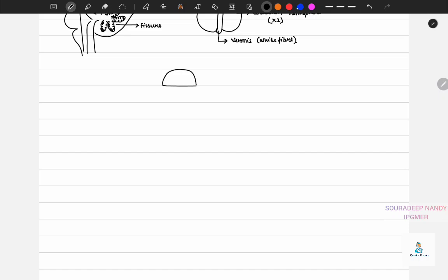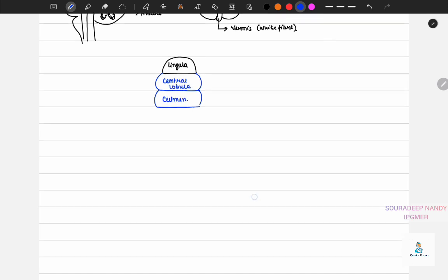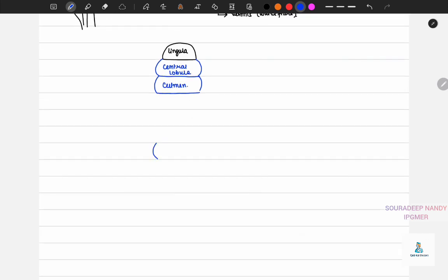Here this part is the lingula. The vermis is divided into several parts. First here is the lingula, then the central lobule, then the culmen. Similarly here also we have two parts, and here is another part.